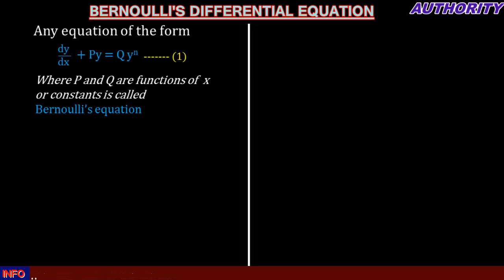Now let's go. We want to reduce it to a linear differential equation. What makes this equation not look like a linear differential equation? It is only the right hand side, which is Qy raised to power n.